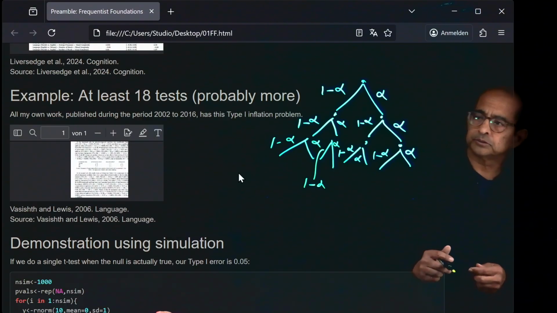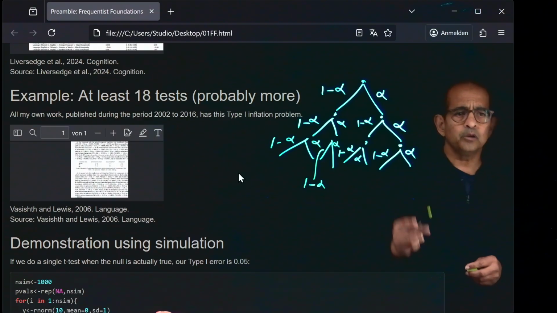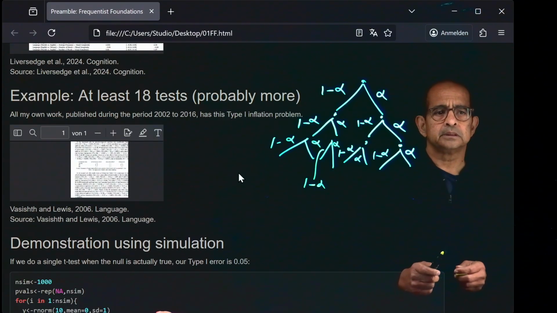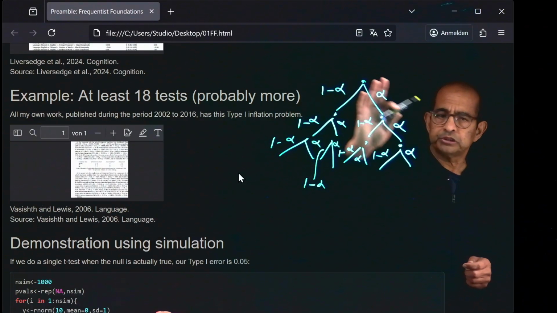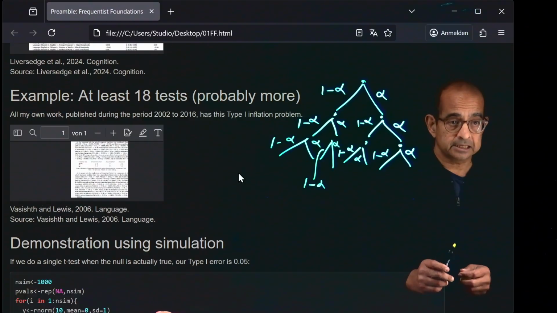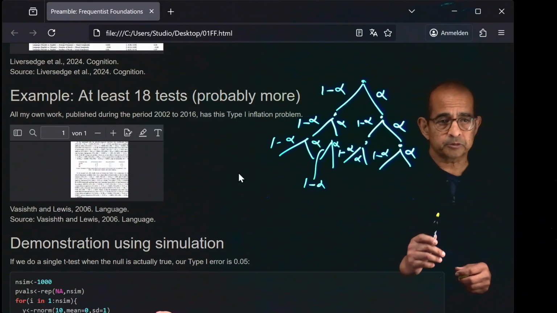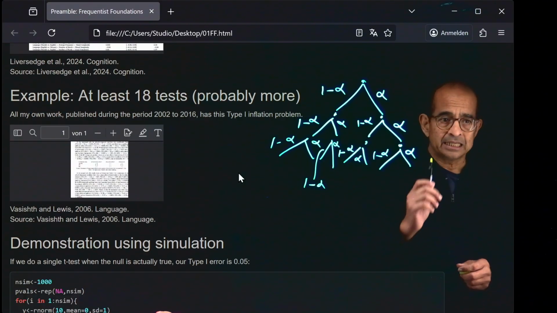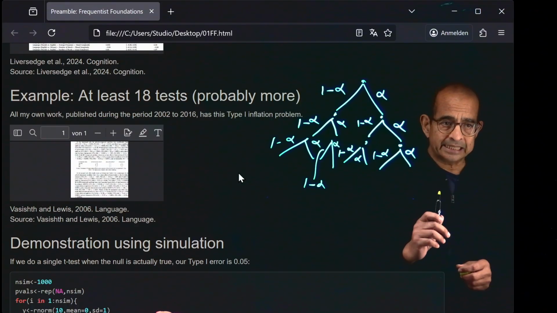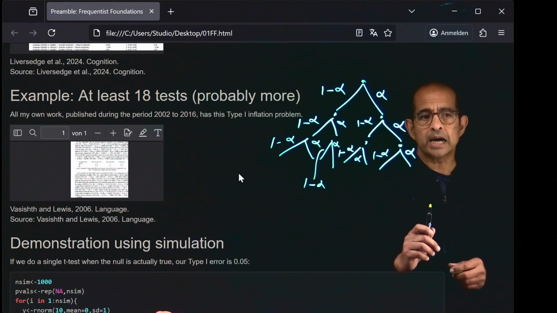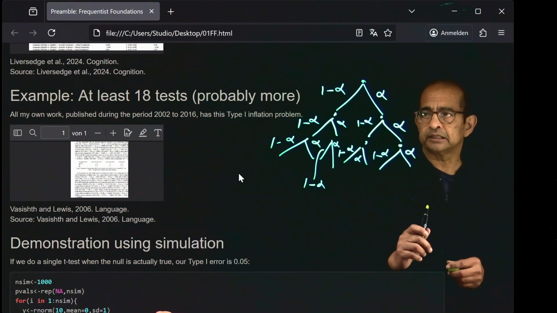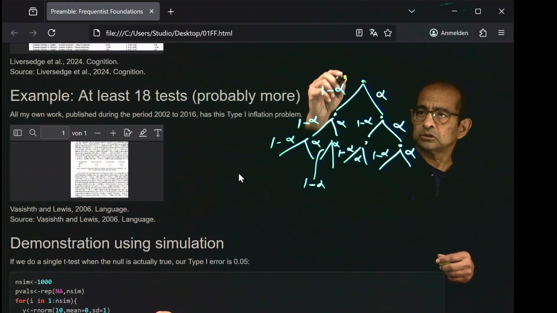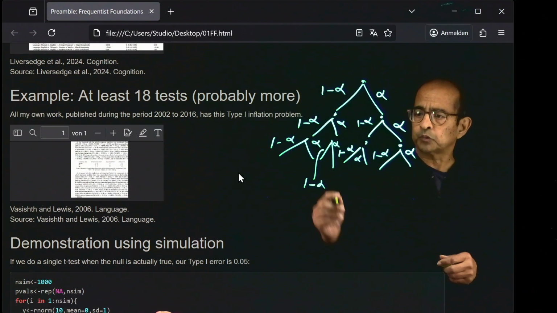So now you can ask the question: when you do these 3 statistical tests, what is the probability of rejecting at least one null hypothesis incorrectly?